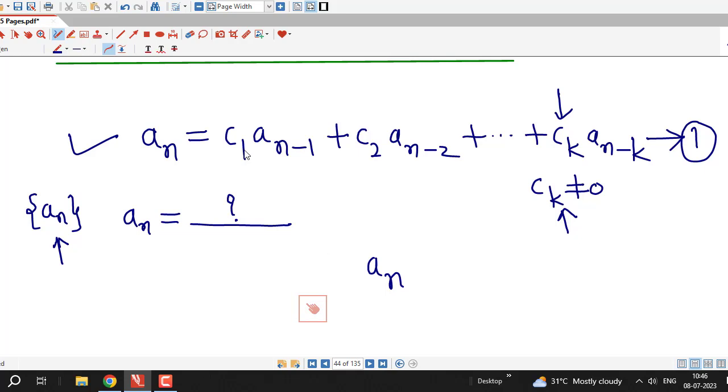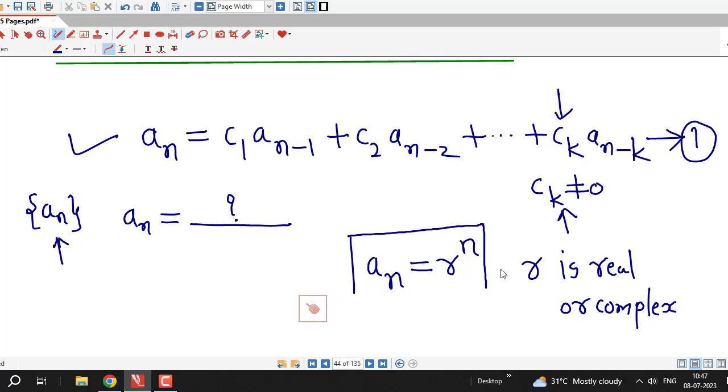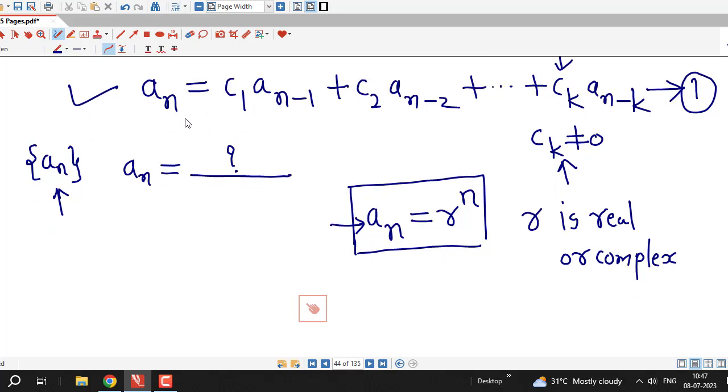Suppose the solution is an equal to r raised to n, where r is a real or complex number or variable. We have to decide for which value of r this an will give the solution of this recurrence relation 1.